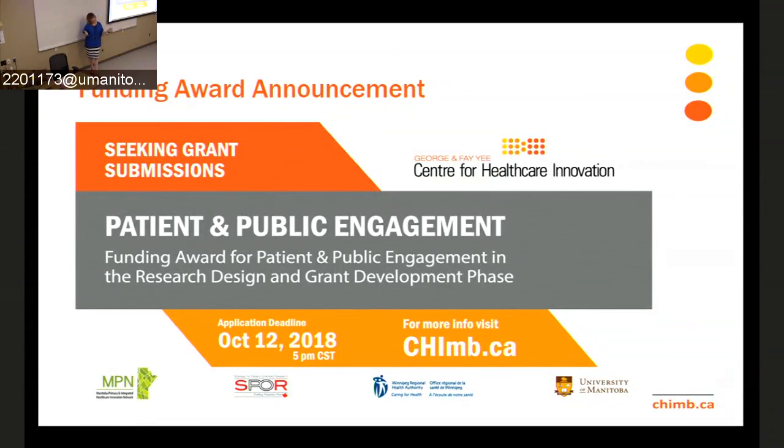So this great funding award will enable you, there's 10 awards, it's $2,000, and it's open to all Manitoba researchers, students, and community organizations who are doing research. This is going to help you engage at the early phases and stages of the research process.